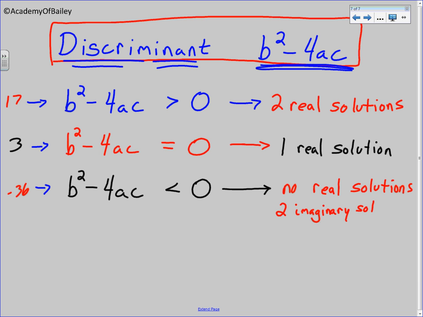You should also recognize that another term for solutions in this case are zeros, and another term for solutions are roots. Just kind of depends on what it's equal to. So no real solutions when the discriminant is less than 0, but there are two imaginary solutions.